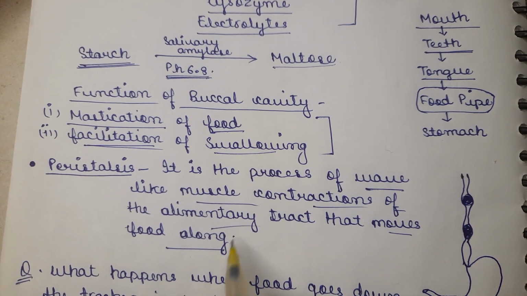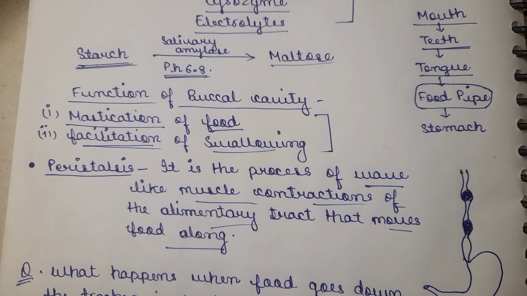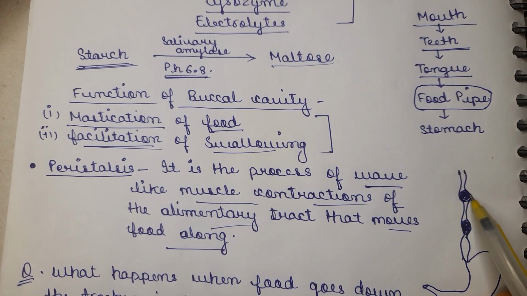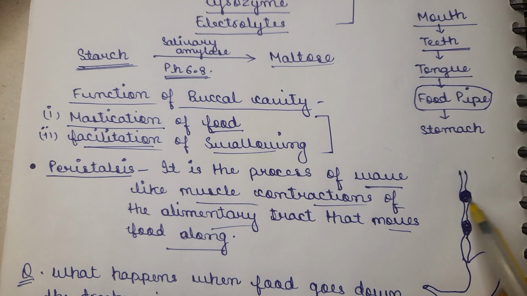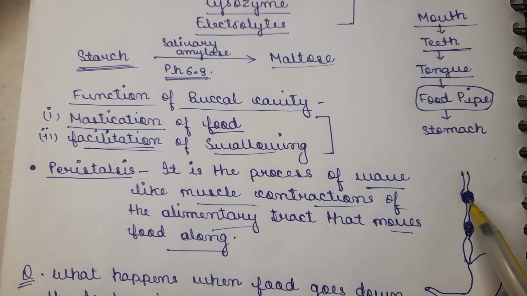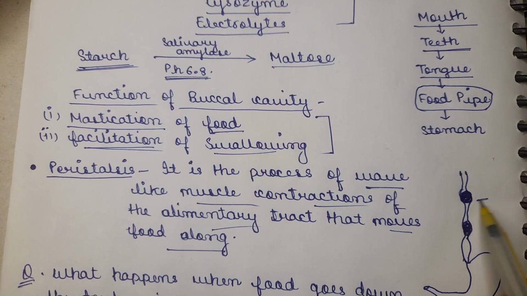So if you see in this diagram, you will be able to find that wherever we locate the food, the contraction or the dilation of the muscles occurs as food passes at every point.